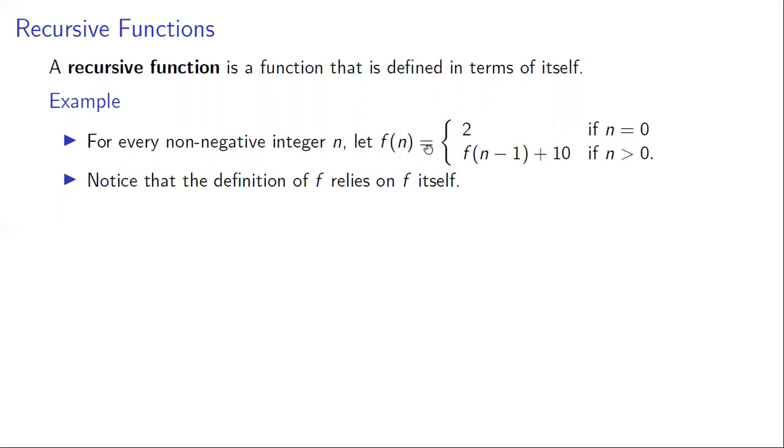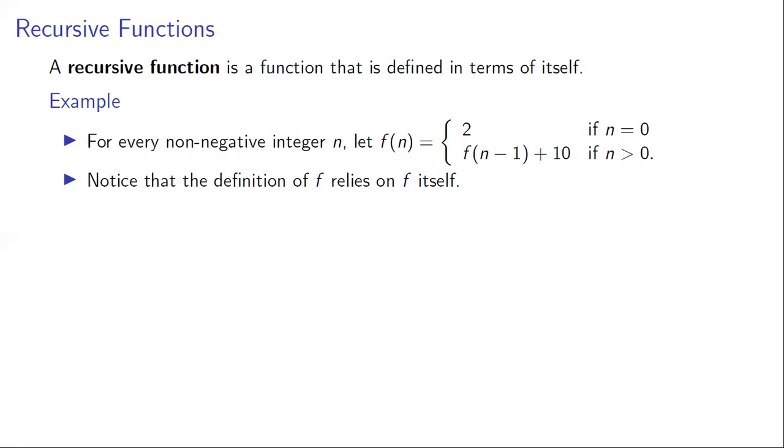It takes a number, and if the number is 0, then it returns 2. And if the number is greater than 0, it calls itself recursively to compute f of n minus 1 and adds 10 to that and returns the result. So this is an example of a recursive function.